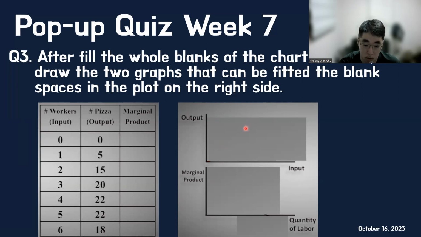Okay, about the plot below this, you can see that the axis X is quantity of labor and the axis Y is the marginal product.